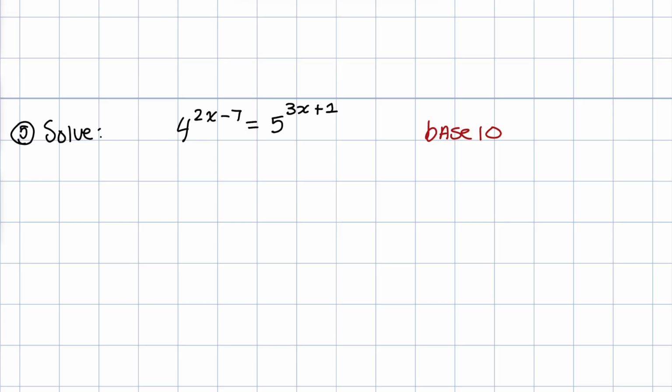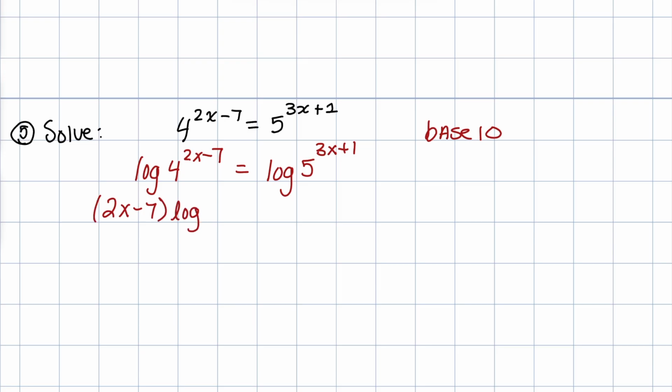Okay, so if I use base 10, I'm going to get log of 4 to the 2x minus 7 equals log of 5 to the 3x plus 1. Then I'm going to bring these exponents down, so I get 2x minus 7 times log 4 equals 3x plus 1 times log 5.